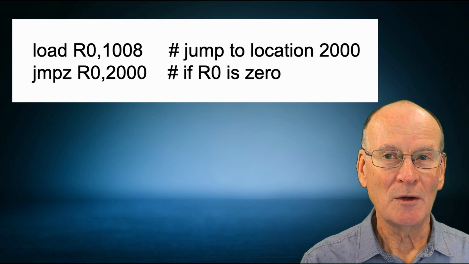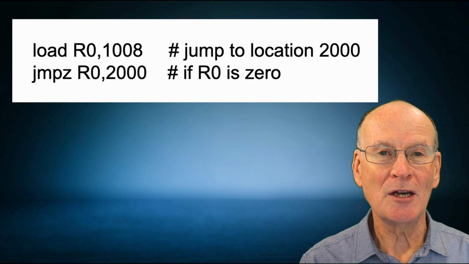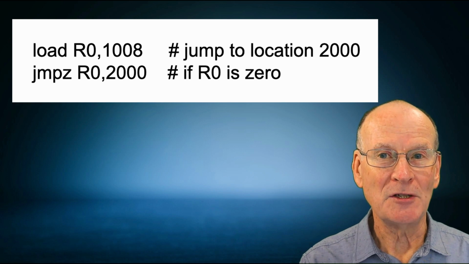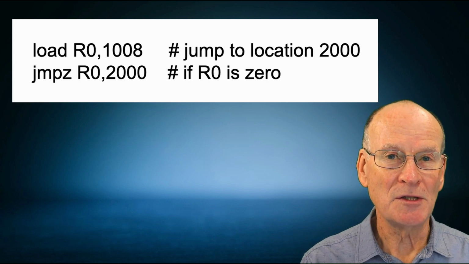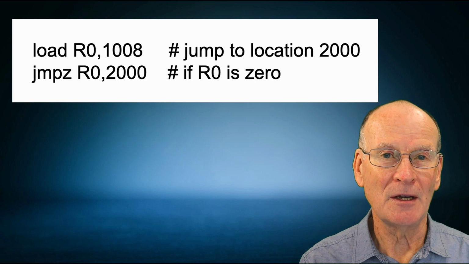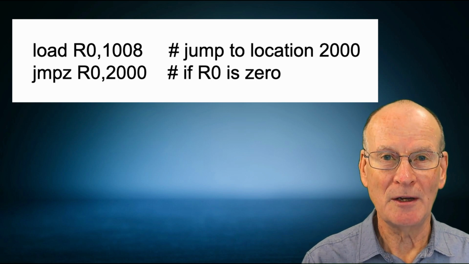And if it is 0, it will then continue execution at location 2000. If it's not 0, it will just continue execution at the very next instruction. So here's a really simple way of implementing an if statement from a high-level language in our hypothetical assembly language or machine code.